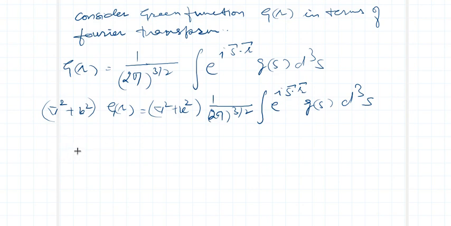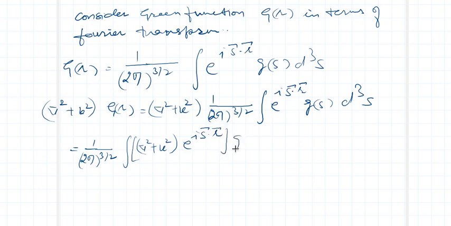And this further will become 1 over 2 pi raised to power 3 by 2, and I have taken the integral del square plus k square e raised to power iota s.r, and it is G(s) d cube s.